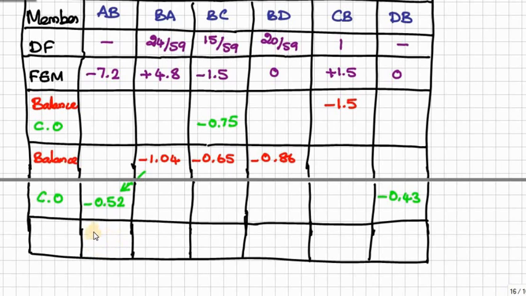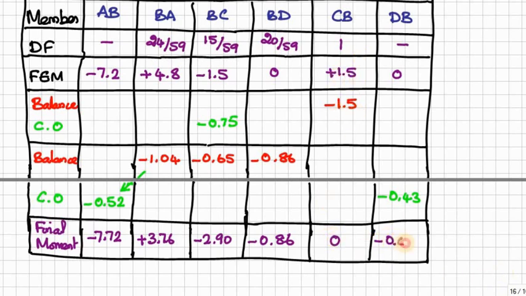That will be the final moment here. Similarly for BA, for BC, for BD. Here only minus 0.86, here plus 1.5 minus 1.80, this is 0.4 here.